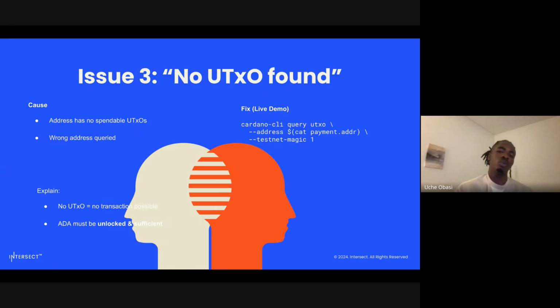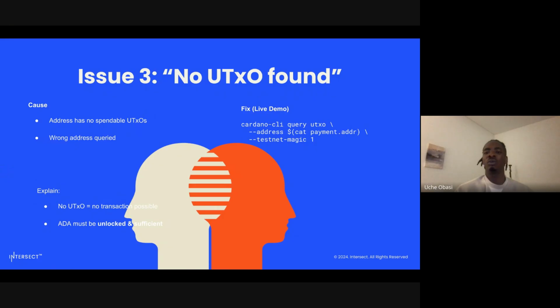So usually when these issues happen, it means that most times it is as a result of the address having no spendable UTXOs, or it could be that the wrong address was queried. In things like this, all you need to do is run this command. You do Cardano CLI query, you just run this command, it works.